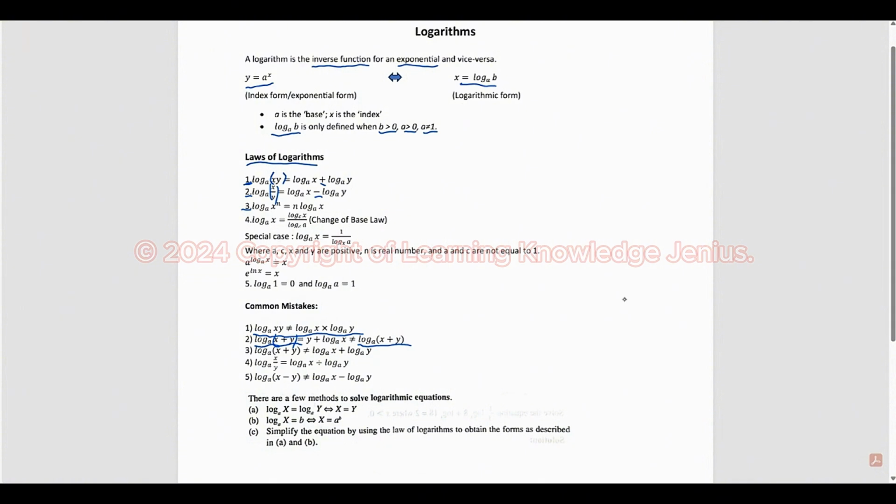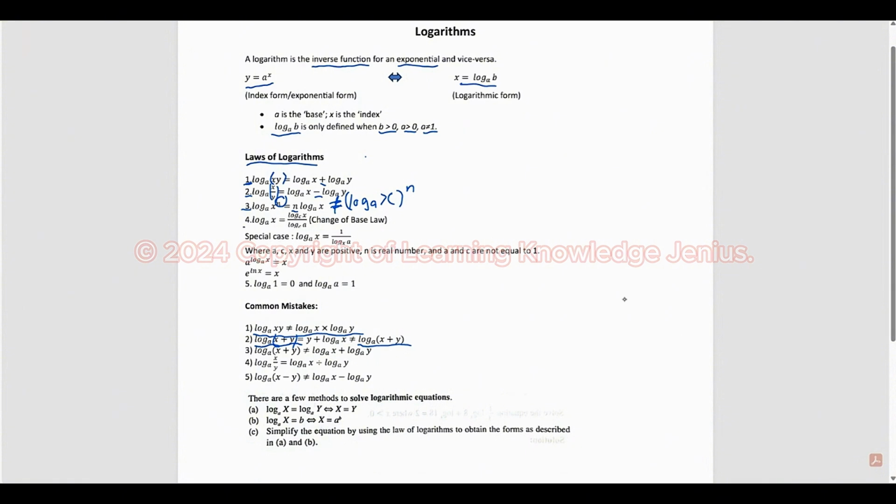When you have a power on the x, you can bring it to the front this way. Be careful also that this is not equal to (log a x) to the power n. This is another common mistake students will make. So just be careful of this.